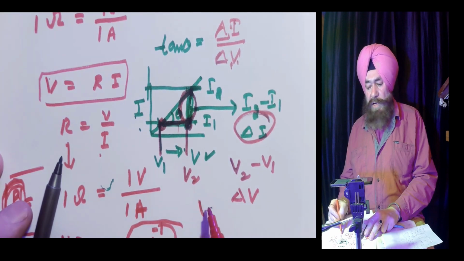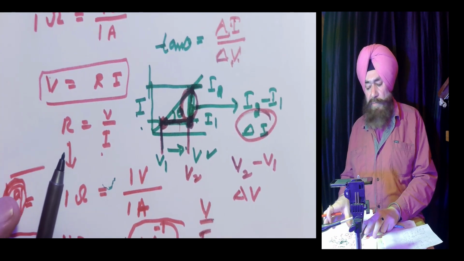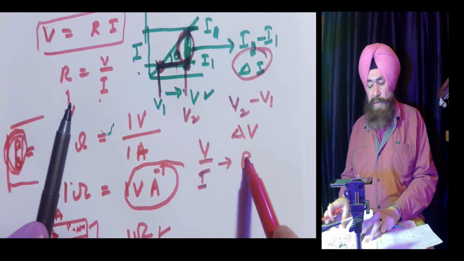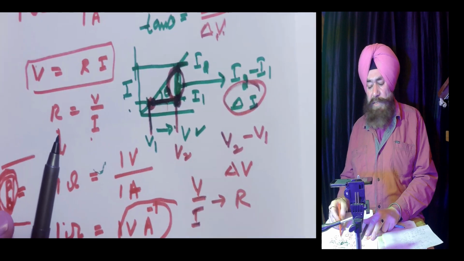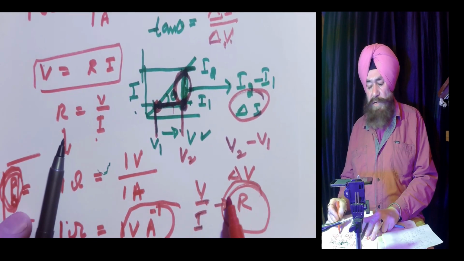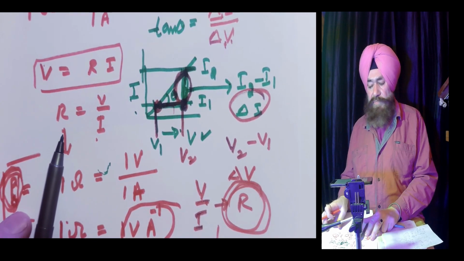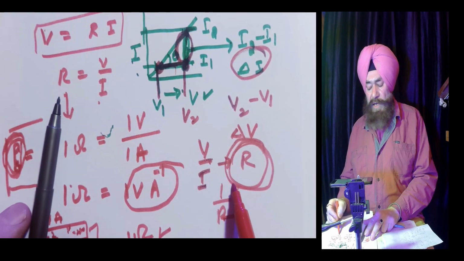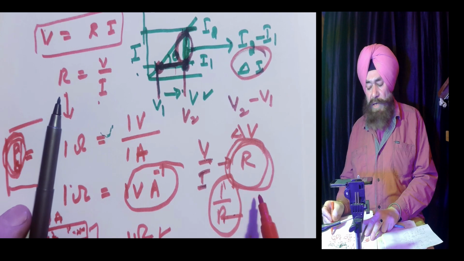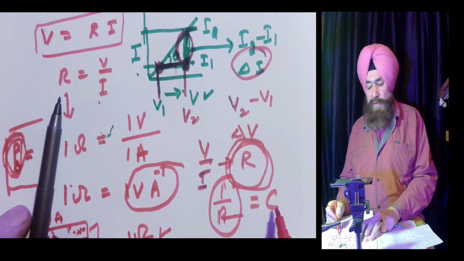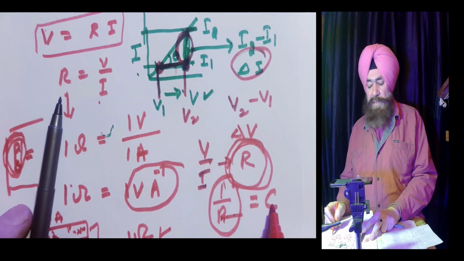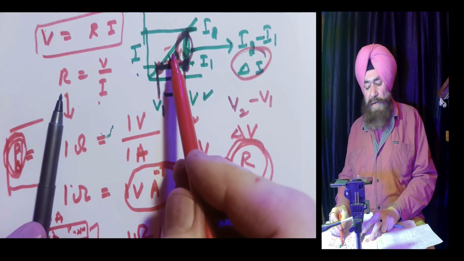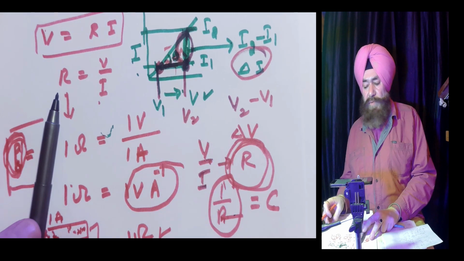You know, voltage over current is resistance. But current over voltage is the reverse of resistance, 1 upon R. Resistance means the opposition. But if you take the inverse of R, it becomes conductance. The reverse of resistance is conductance. Here the slope will give you the value of conductance.